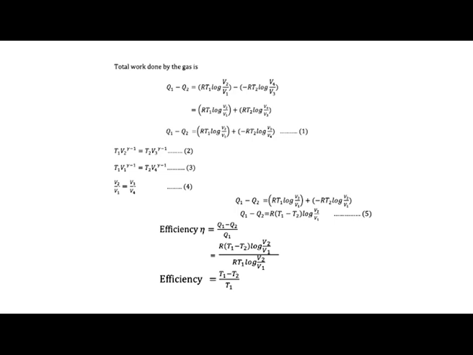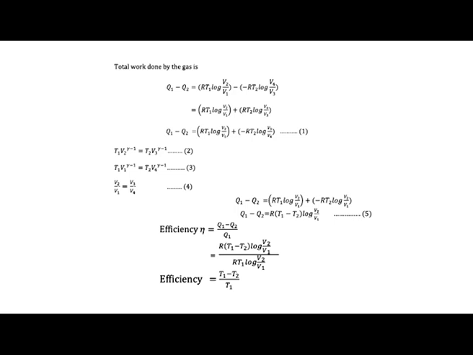Then the efficiency of the Carnot engine is denoted as eta, which by definition is equal to Q1 minus Q2 divided by Q1. Then substitute equation number 5, that is Q1 minus Q2, in the efficiency equation, and the value of Q1, which is equal to RT1 log V2 by V1.